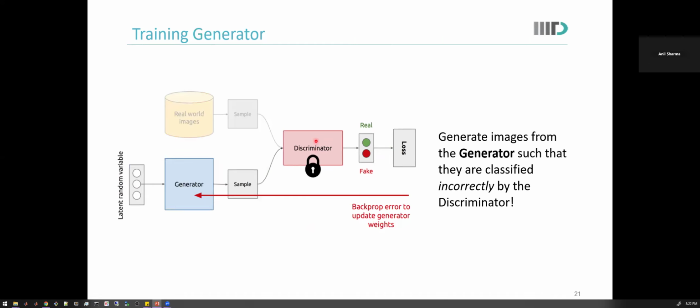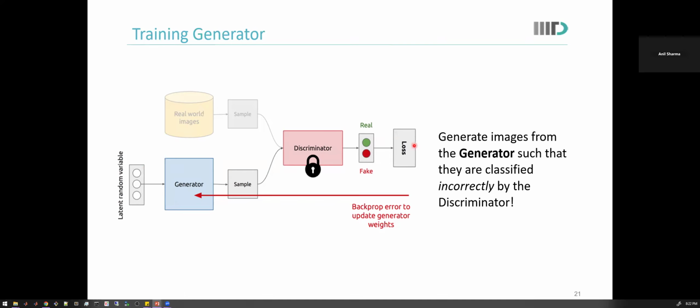Once the discriminator is trained, we lock it and will not change any of its parameters. The generator generates samples, we give them to the discriminator, and it computes the loss. Then when we backpropagate, we backpropagate till the generator. This is how the feedback from the discriminator comes to the generator as well.